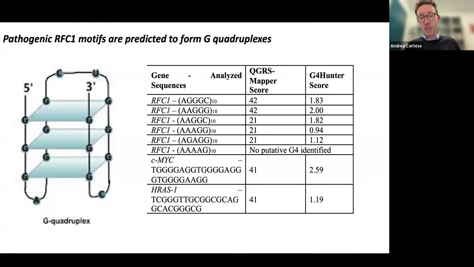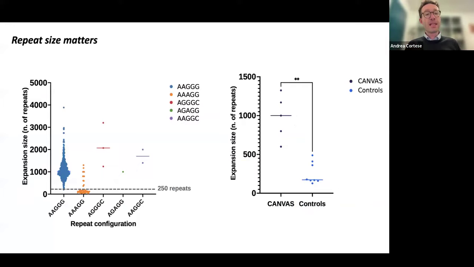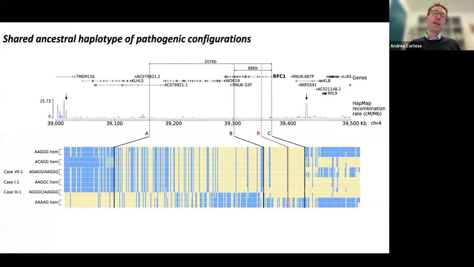Clearly, AAGGG is the one that most diagnostic labs test, and I think that is fine in most cases, but when a case has a definite syndrome compatible with CANVAS and the genetic test is only partly positive, we should reconsider these rarer motifs. And I think, as a historical note, they all seem to derive from an ancestral haplotype.